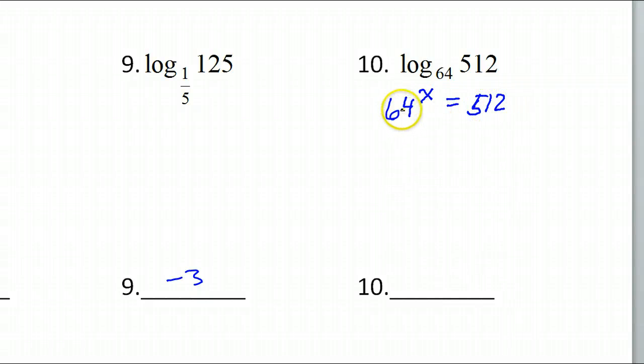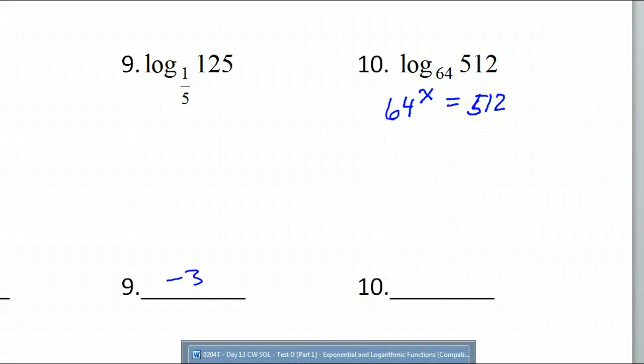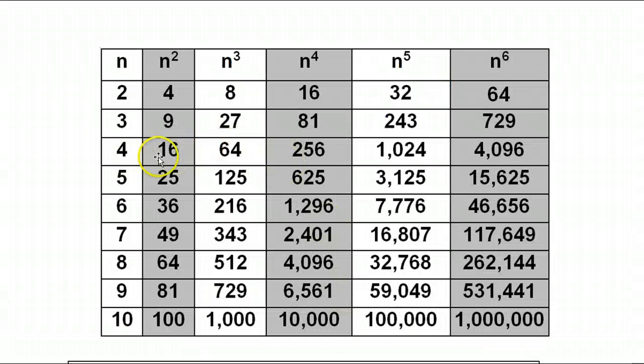So let's see if we can find one row that has 64 and 512 in it, we are golden. There's 64, no 512. Oh, look right here. 64 and 512, both in the base 8 row.